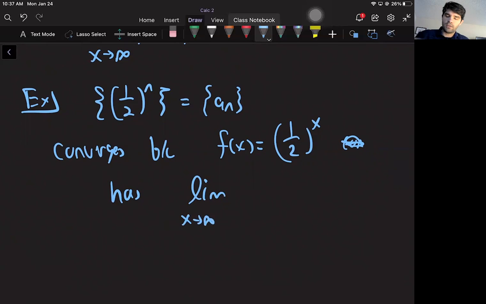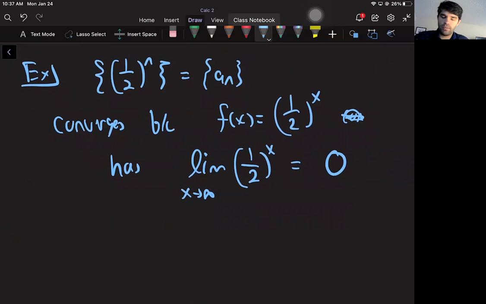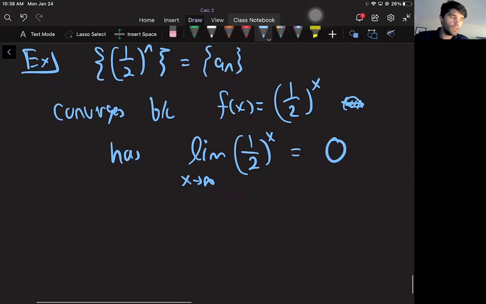When you do the limit as x goes to infinity, back in Calc 1, you learned that this goes to 0 because it's just a fraction growing. The denominator is growing and the numerator is not, so it's just going to 0. Okay.